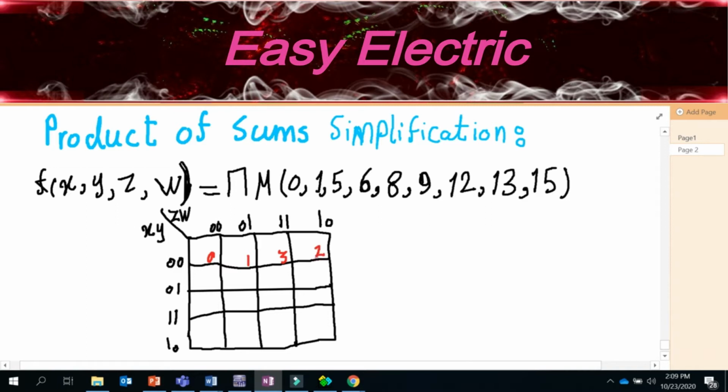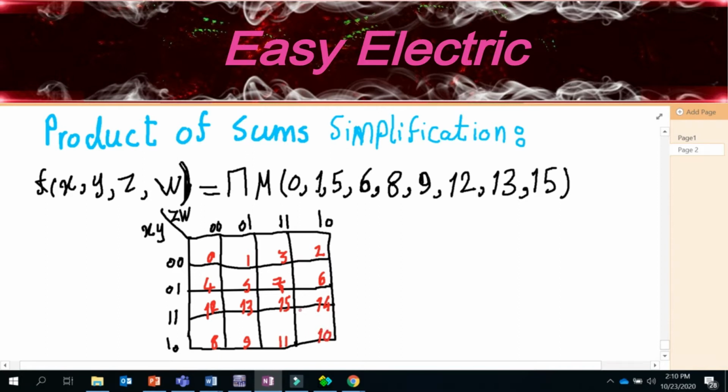So this should be 3, this should be 2, this should be 4, and this should be 5, 7, 6, 12, 13, 15, 14, 8, 9, 11, and this should be 10.